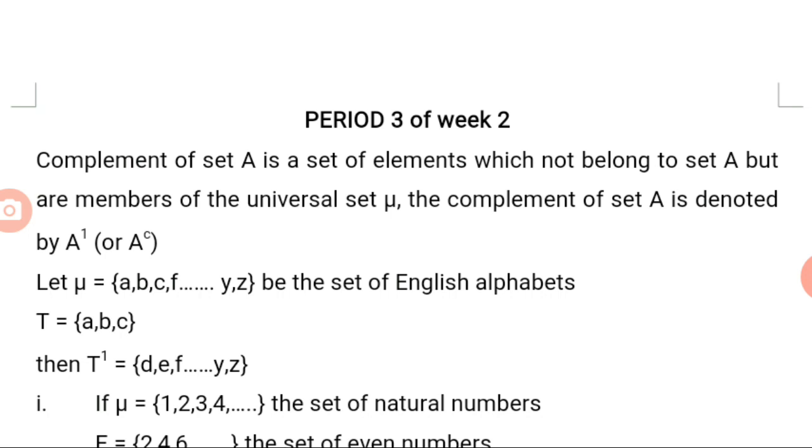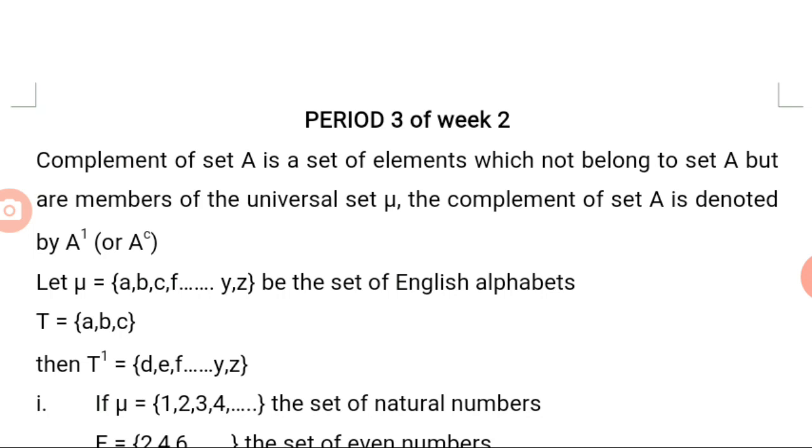Then let set T be A, B, and C. Then, what will now be the complement of set T?